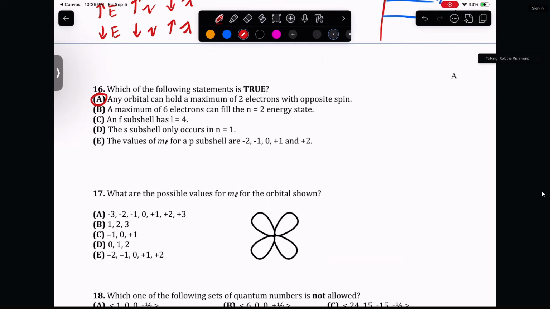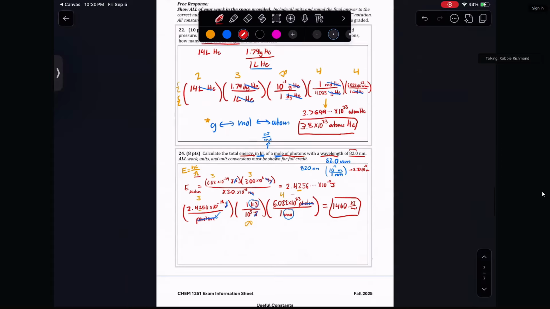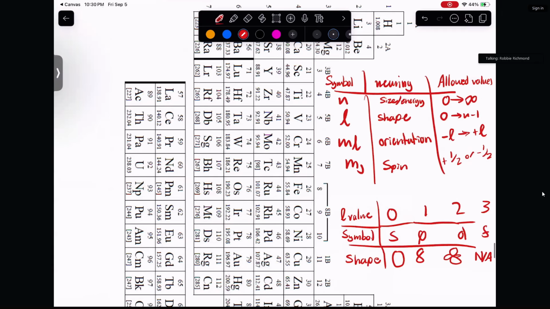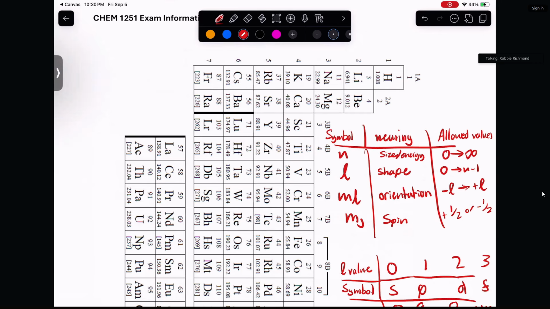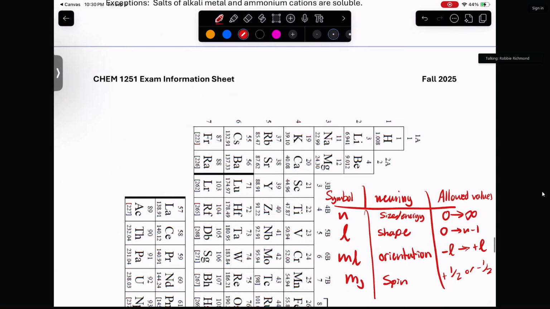Answer choice B says a maximum of 6 electrons can fill the n equals 2 energy state. So I'm going to look at our little table here, an exercise that we did inside a class. If we have n equals 2, our allowed L values will be 0 and 1, because it goes from a range of 0 to n minus 1. So 0 and 1.